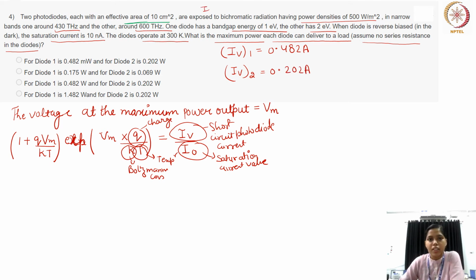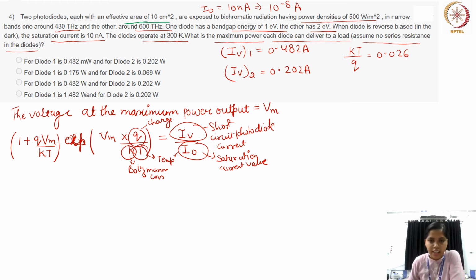I naught, they have given you 10 nanoampere, so we can write it as 10 raised to the power minus 8 ampere. So we know one thing, that your KT divided by Q is 0.026, right?